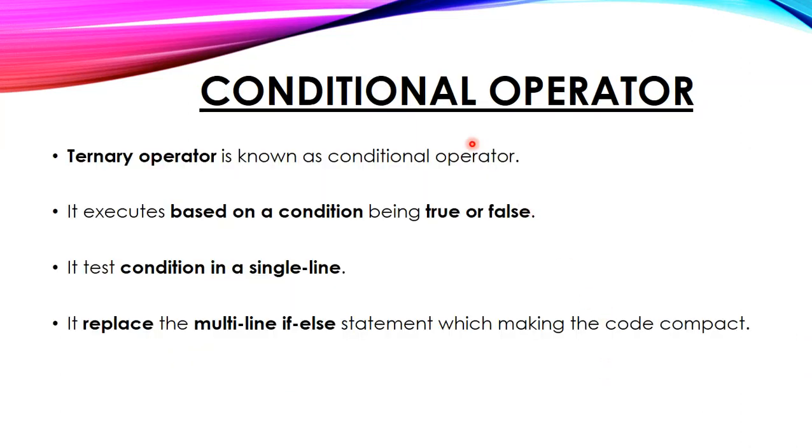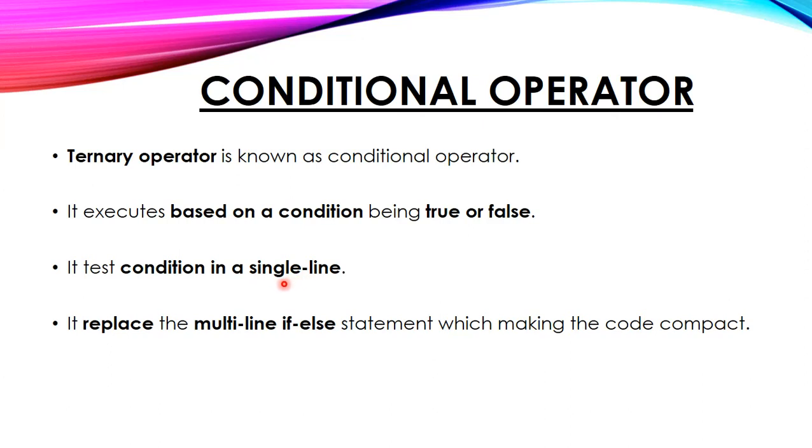And the next operator is the conditional operator. The conditional operator is also called the ternary operator, and this operator is based on condition checking, and the answer will be either true or false. The test condition and the coding will be in a single line.